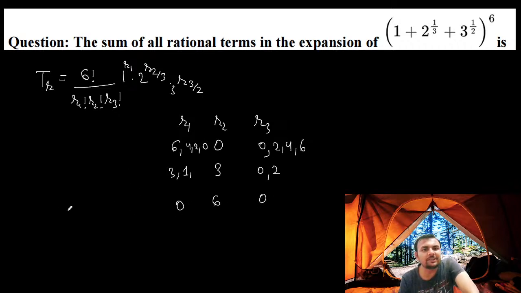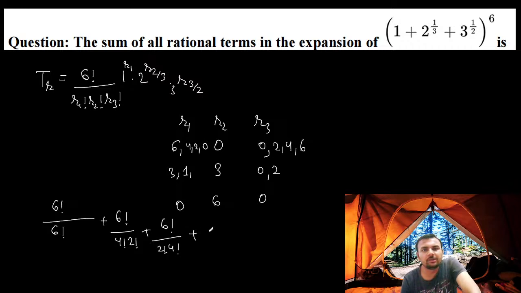So the term will come out to be 6 factorial upon 4 factorial 2 factorial, 6 factorial upon 2 factorial 4 factorial, 6 factorial, 6 factorial. Okay, so the power will also be different. When it is 6, r2 is 0, 2 to the power 0, r3 is 0.